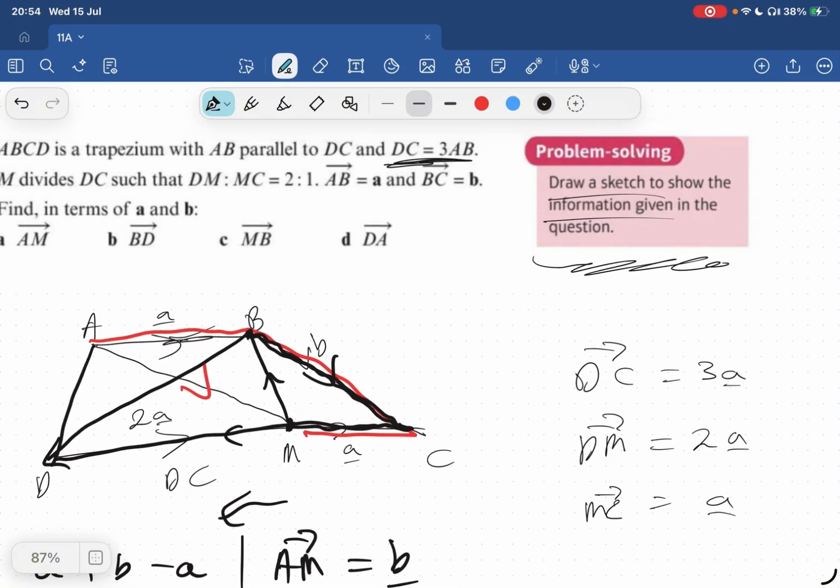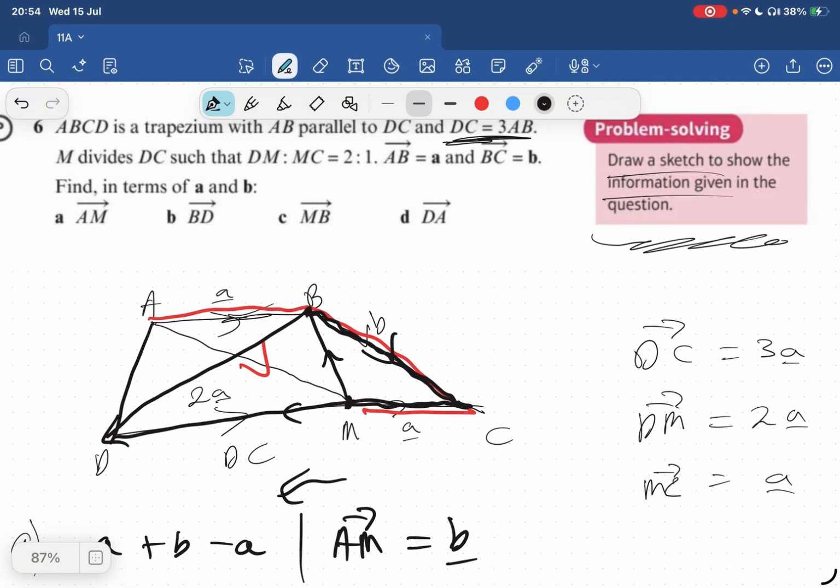And now our final bit, D to A. This final bit of information that's been annoying us because we didn't have it, we can now figure out.